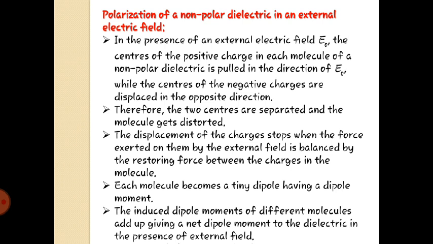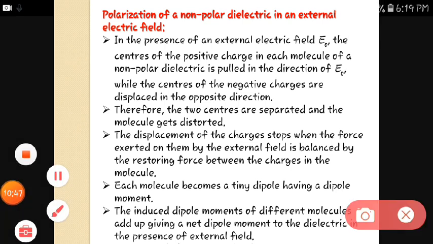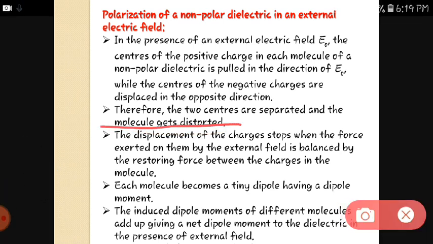Nucleus is moving towards E0 and electrons are moving away from E0. It is in the opposite direction. Therefore the two centers are separated and the molecule gets distorted.